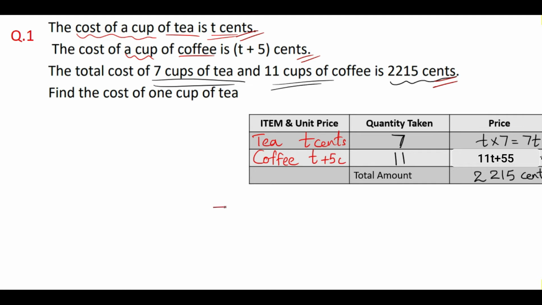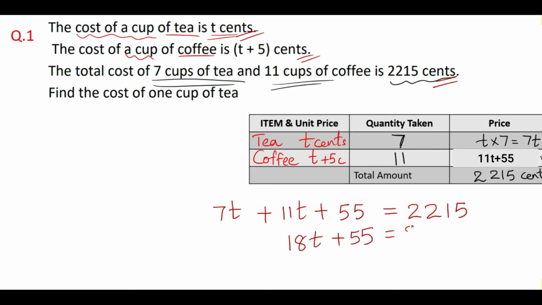I have 7T, which is the price for my tea, plus my coffee is 11T plus 55, which is giving me 2,215 cents. So you have 18T plus 55 giving you 2,215.